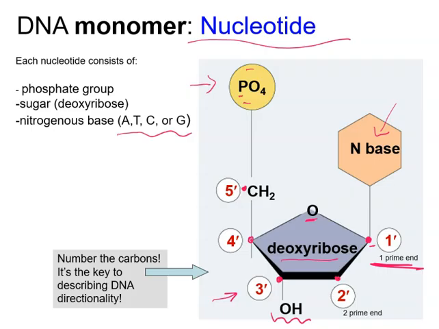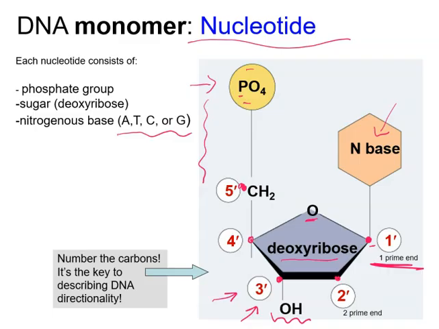So it's going to be involved in dehydration synthesis. And then the carbon number 5, 5' end, notice will always have a phosphate group attached to it. And this is why this end of the molecule is going to be referred to as 5' end, versus this end of the molecule, which is that sugar part with the hydroxyl, is going to be referred to as 3' end of the molecule.